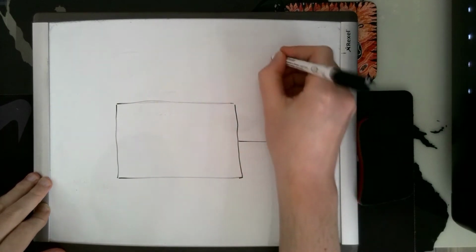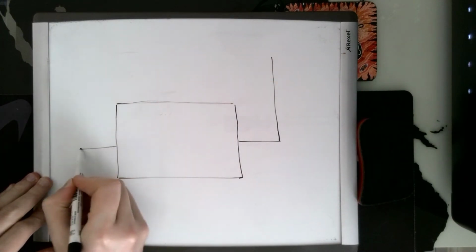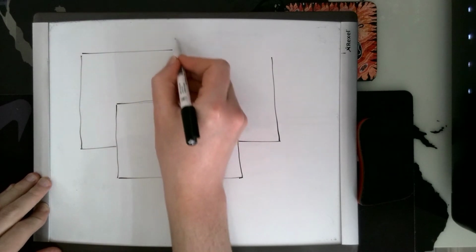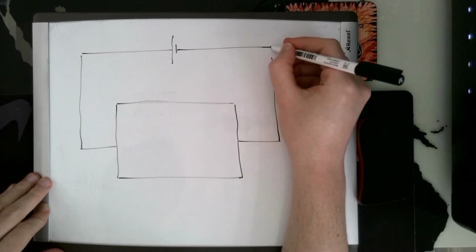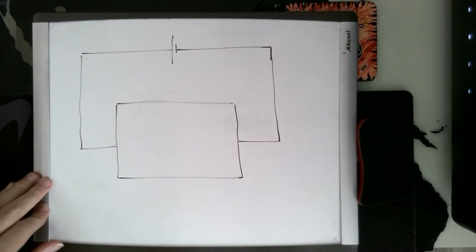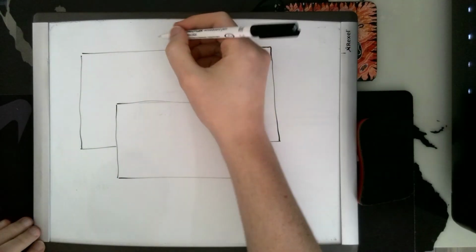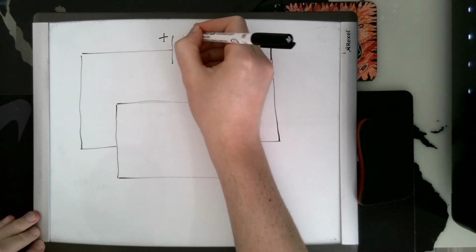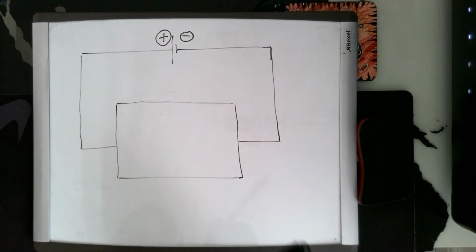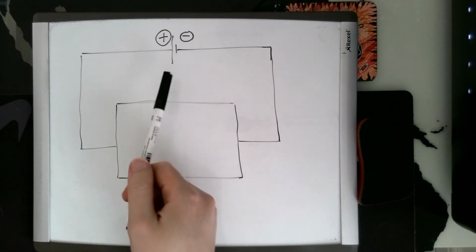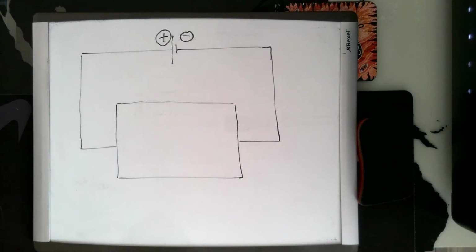So it's going to come out and it's going to go up to a point of potential difference. Remembering that this side is the positive side and this side is the negative side. So the electrons are going to want to flow to the positive side.